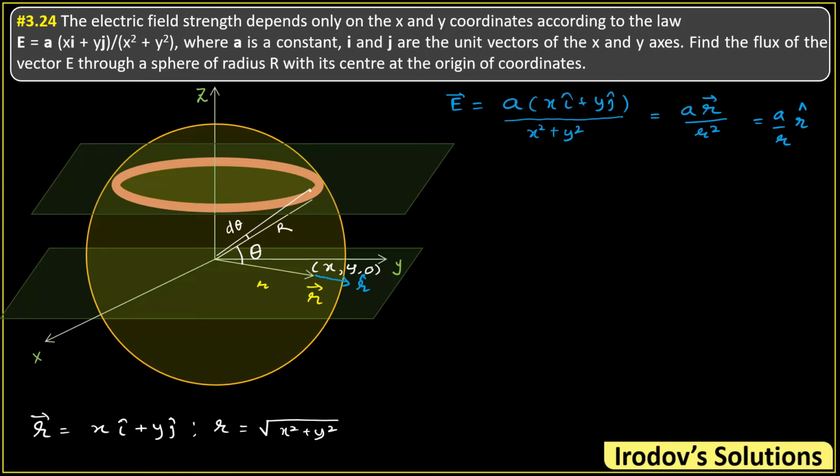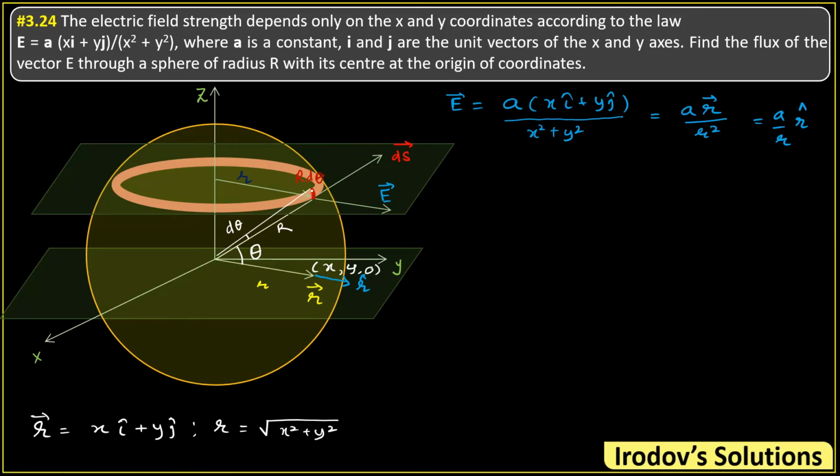So now at this point, the electric field would be obviously along this r cap direction, and I told you r cap is the radially away direction with respect to the z axis. This ring is a surface element of the sphere, and the area vector is perpendicular to the surface like this.